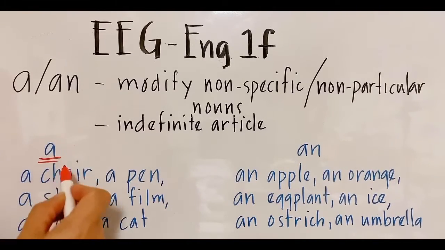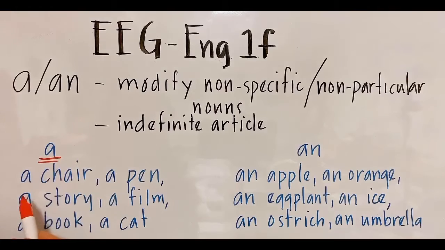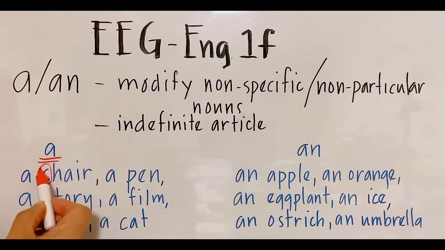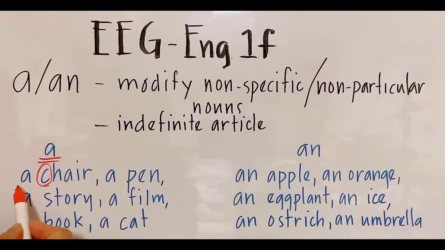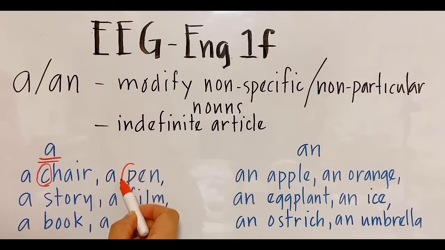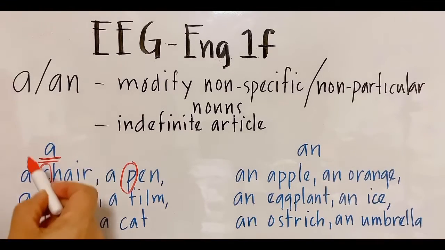We use the article a when the noun it precedes starts with a consonant. So a chair, a pen: it starts with a consonant. Likewise, a story, a film, a book, a cat all start with a consonant.